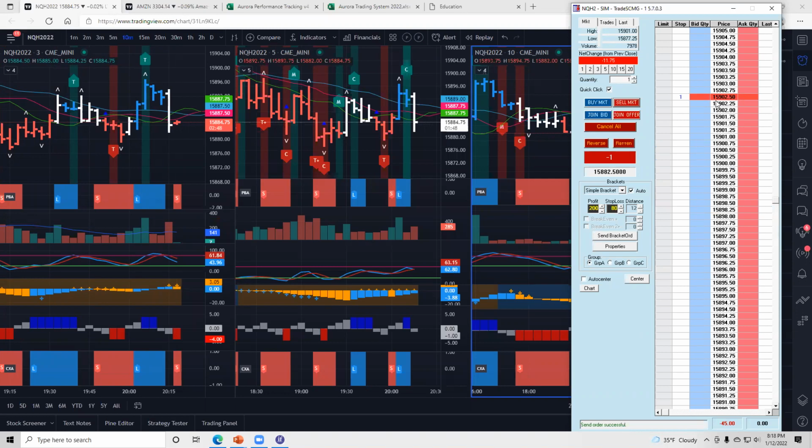Now let's say this was a valid signal and I had 2 ticks of slippage. I'm going to move my stop back 2 ticks so that it's 20 points off the open of the bar. My profit target is out 50 points. But if this is a catch trade, I'm only looking for 10 points of profit.